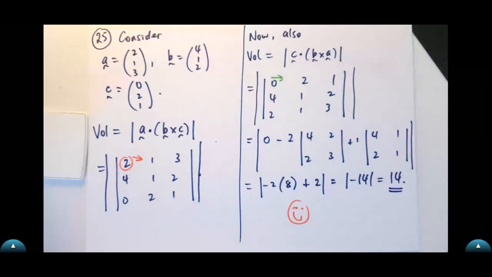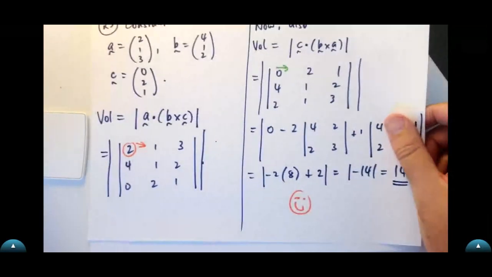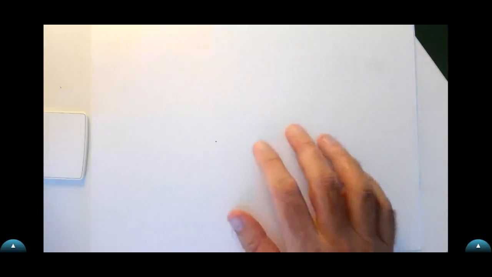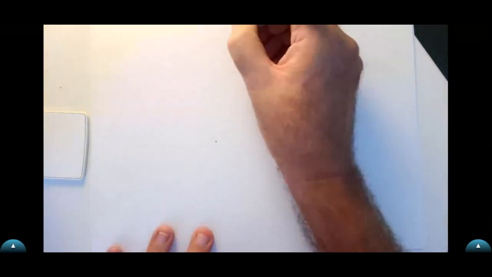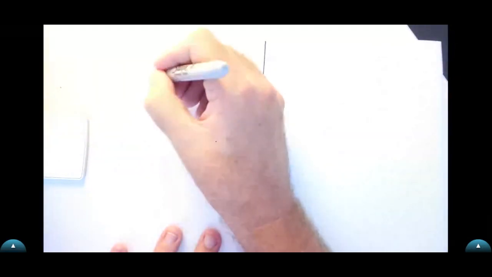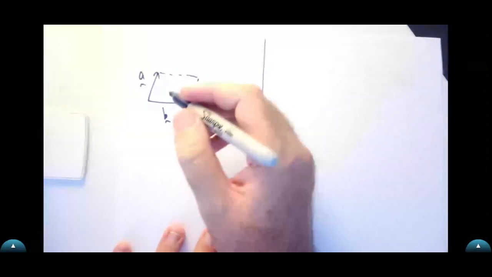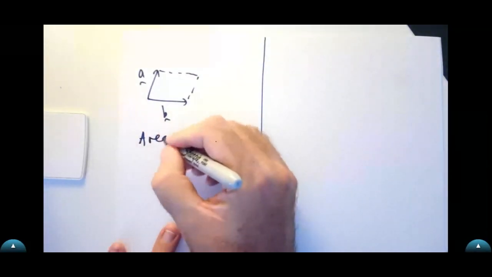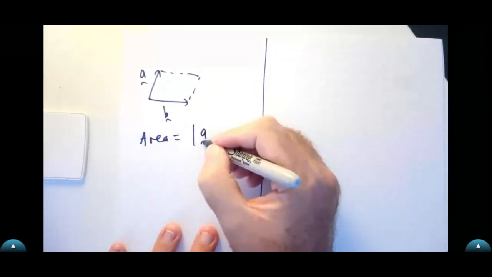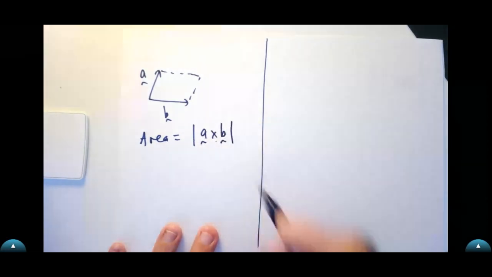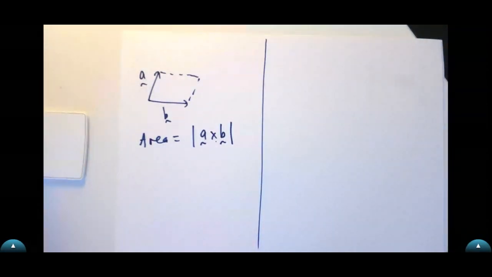Sinji, you are asking, is A cross B the area, right? That's a really good question. Let me know if people need to see this. If you have, say, a vector there and a vector there, and you draw in a parallelogram, the area is just the length of the cross product of the two vectors.